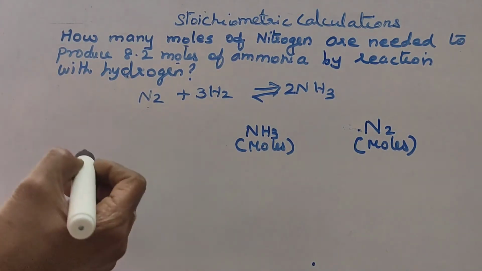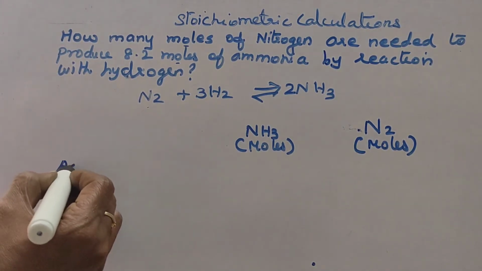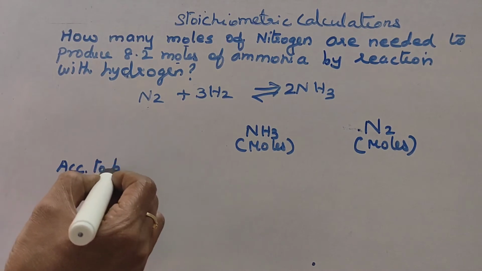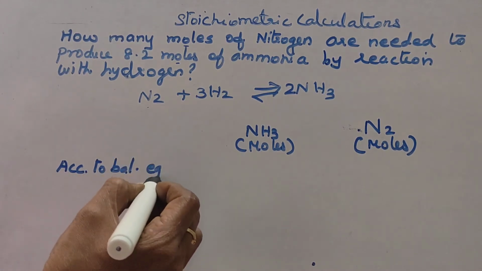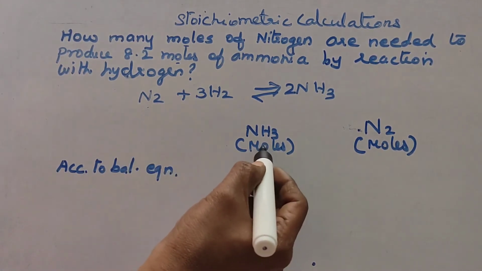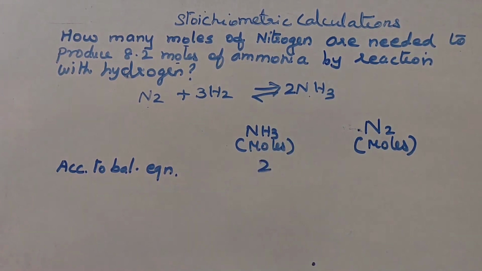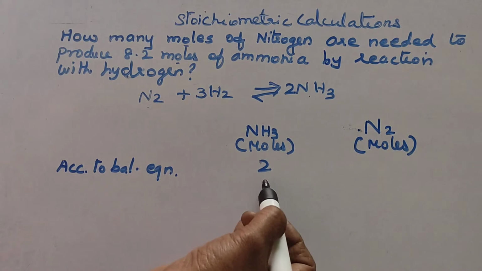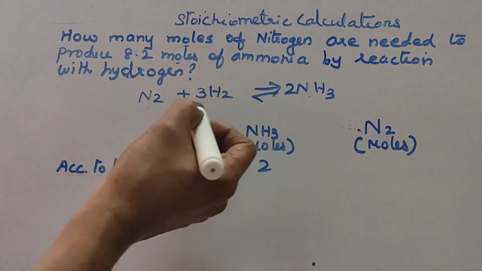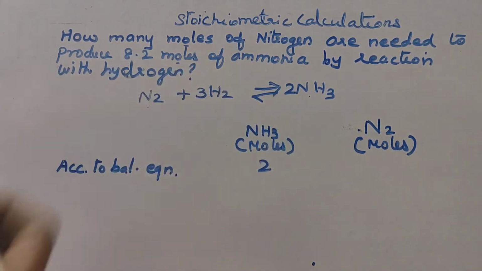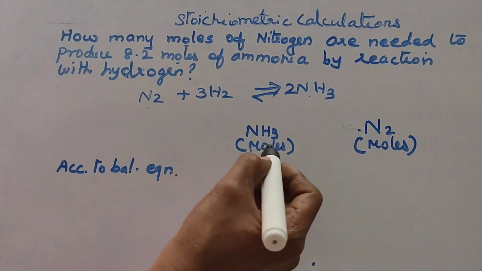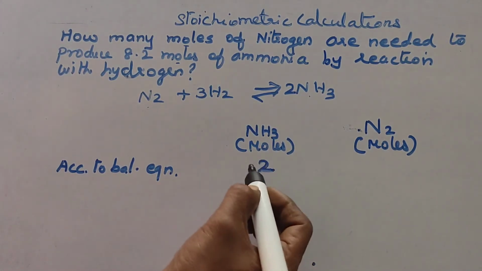Then according to the balanced chemical equation, how many moles of ammonia are produced? 2 moles of ammonia. The same relationship we have to follow in the balanced chemical equation also. So here mole-mole relationship.